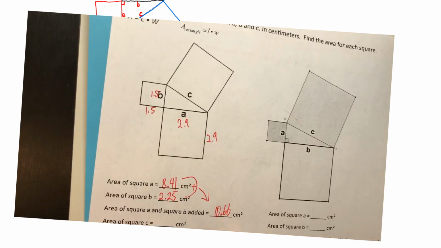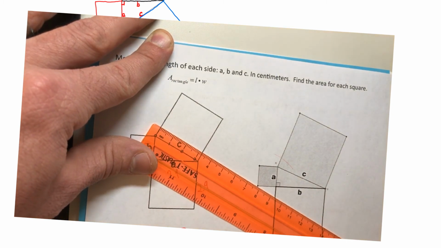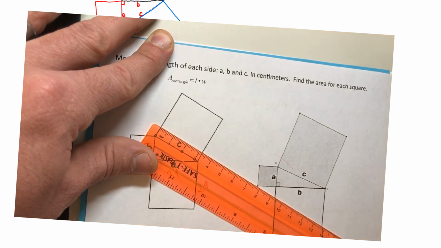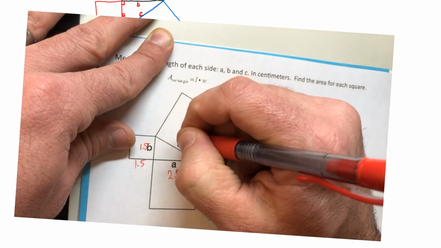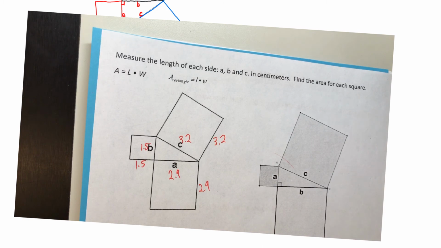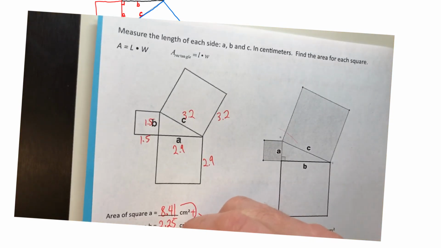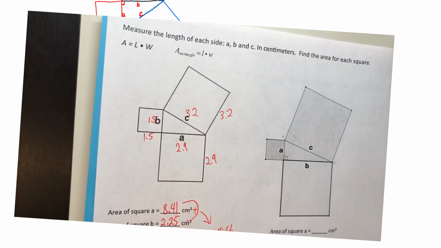All right, and then let's do the same thing. Find the area of square C. So how long is this side on C? About 3.2. And that would give you 3.2 times 3.2, 10.24.